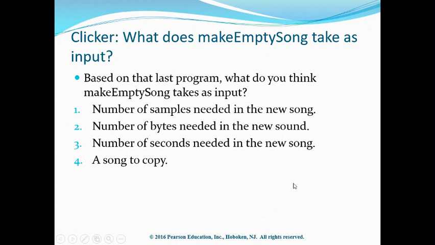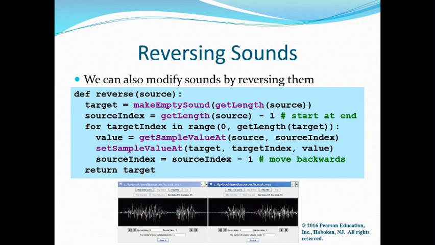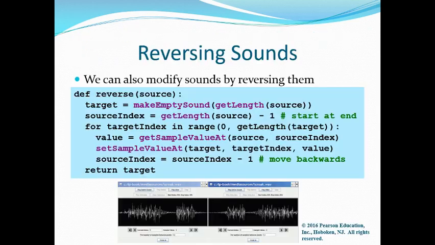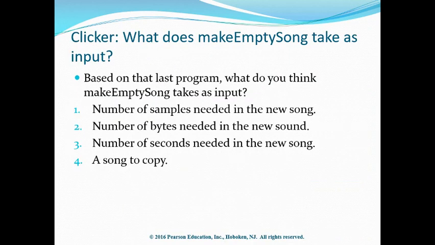So what does make empty sound take as an input? Based on the last program, what do you think it takes as input? Number of samples, number of bytes, number of seconds, or a sound to copy? Let's go back for a second. I believe this is a typo in the PowerPoint; this should say make empty sound.